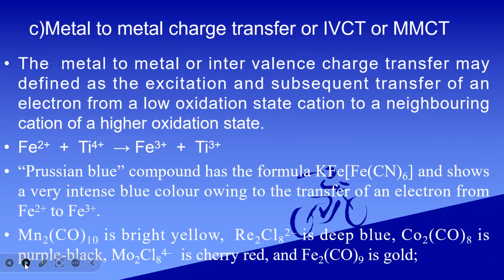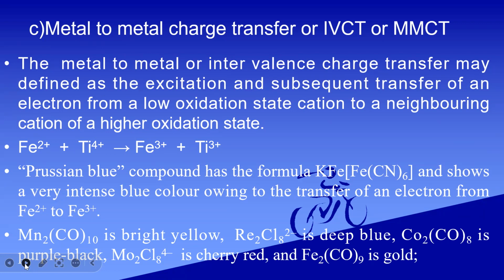The third case is metal to metal charge transfer, or IVCT or MMCT. Metal to metal or intervalence charge transfer may be defined as the excitation and subsequent transfer of an electron from a low oxidation state cation to the neighboring cation of high oxidation state.